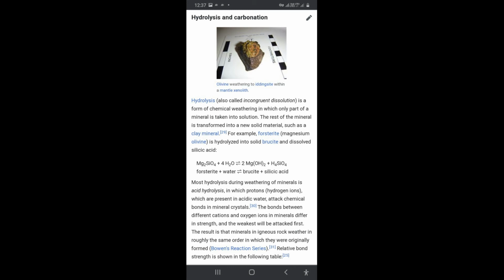The next natural chemical process that will affect weathering is carbonation. Now, as I told you earlier, when carbonaceous materials react with water vapor, it becomes weak carbonic acid.